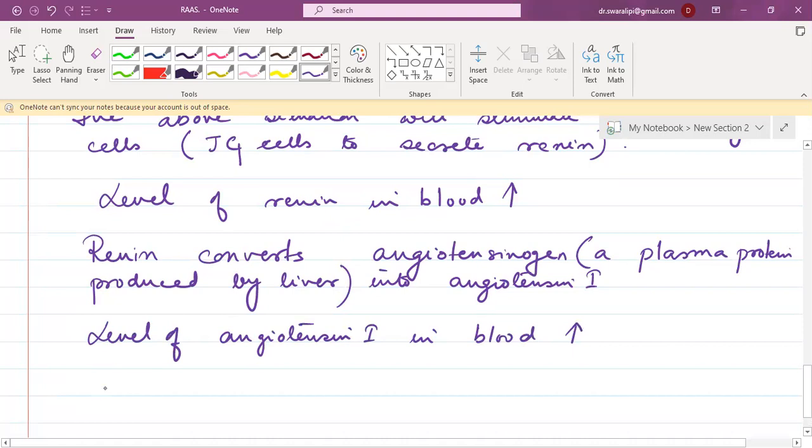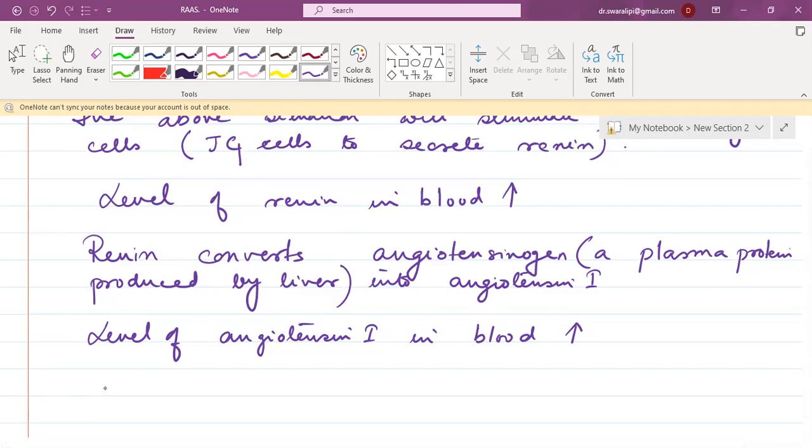Now what happens? We all agree that all the tissues of our body will be receiving blood, and that also oxygenated blood, at least once in a particular cardiac cycle. In a particular cardiac cycle, the entire blood will be moving to all parts of your body, right?